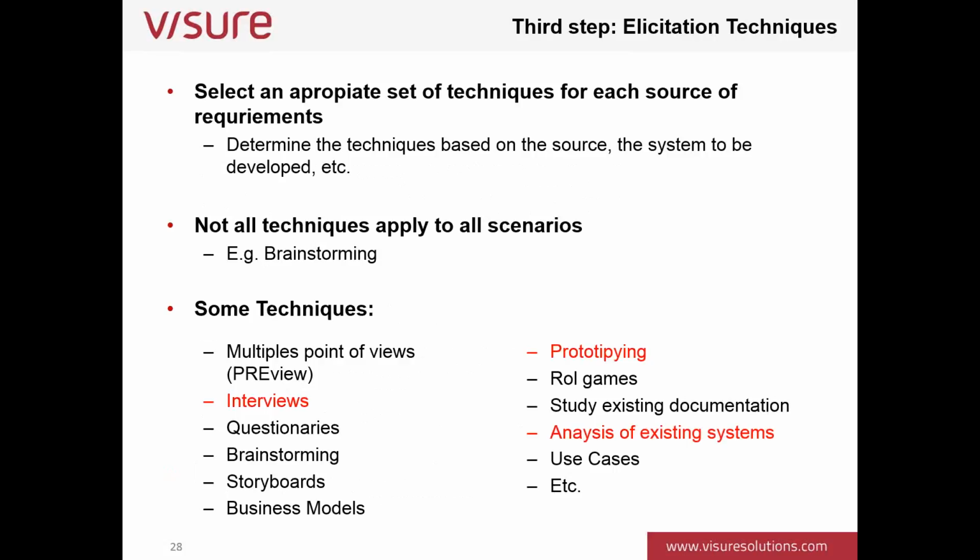So we must select an appropriate set of techniques for each source of requirements, based on the source, on the system that we are going to develop, and so on. Not all techniques apply to all these scenarios.